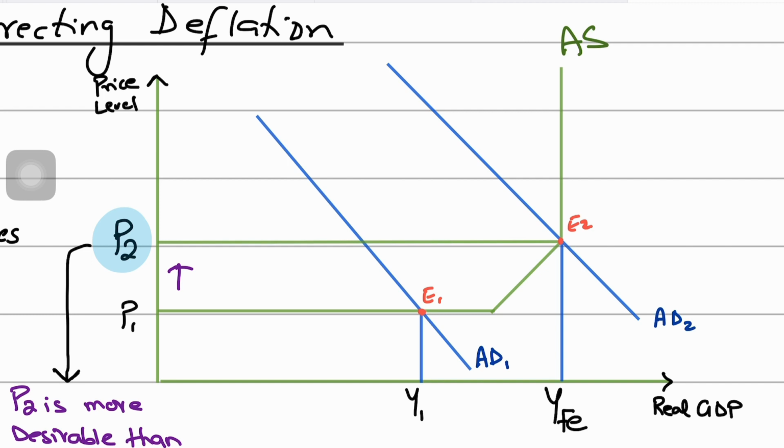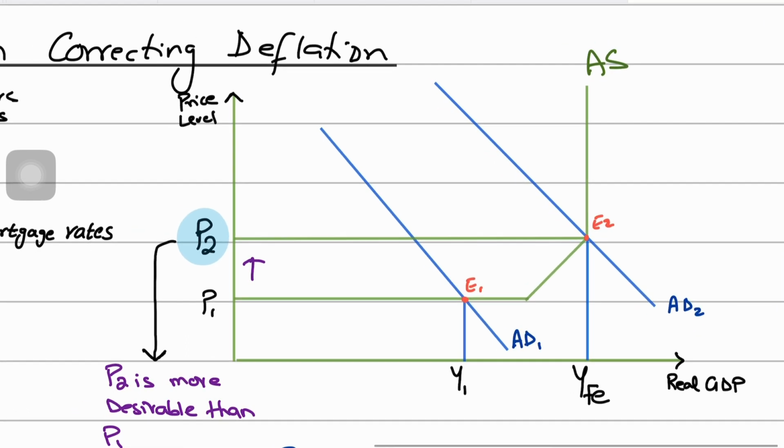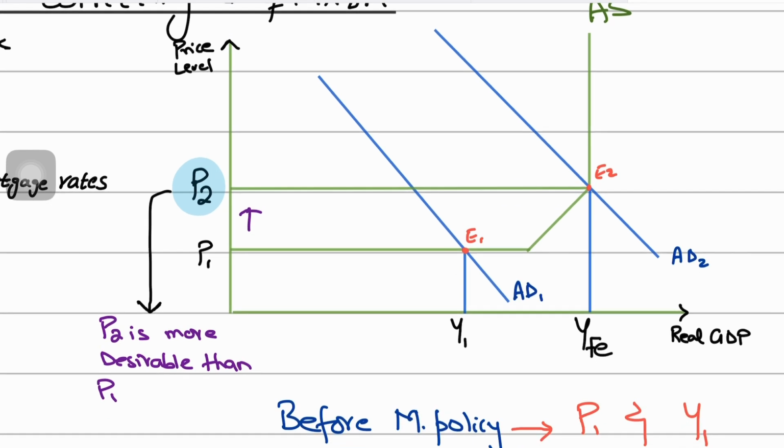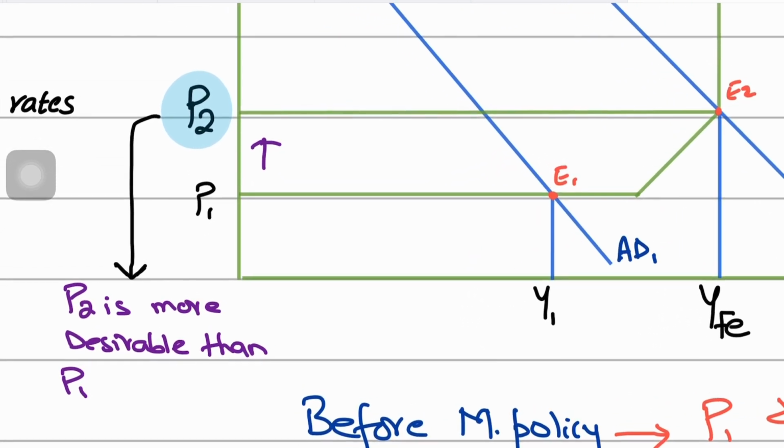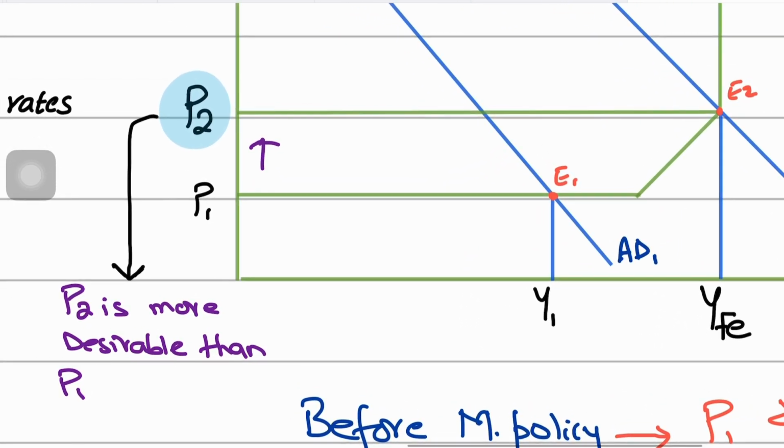So our actual GDP is at its potential, and price level has gone up to P2. Right, price level just went up to P2, and although the price level has gone up, and you also have some level of inflation, demand pull inflation coming up, this P2 is more desirable than P1, because P2 is healthy and desirable for the economy, as P1 was shockingly and absurdly low, indicative of a recession.